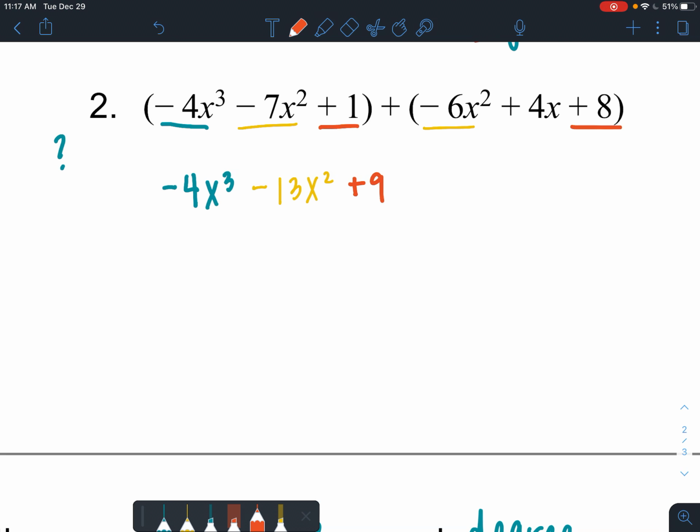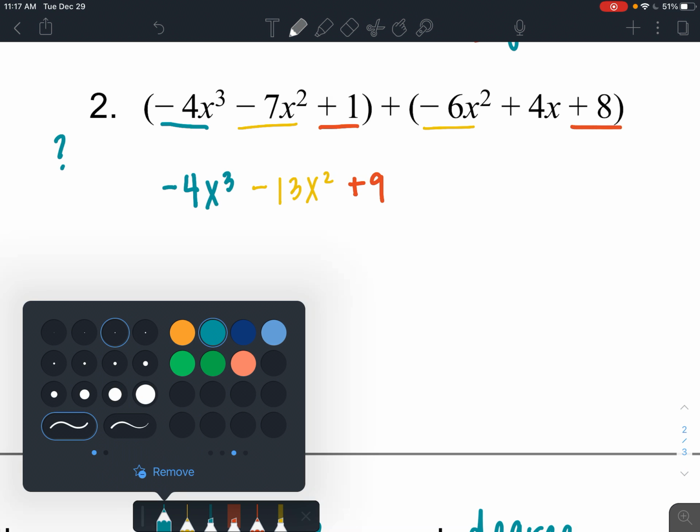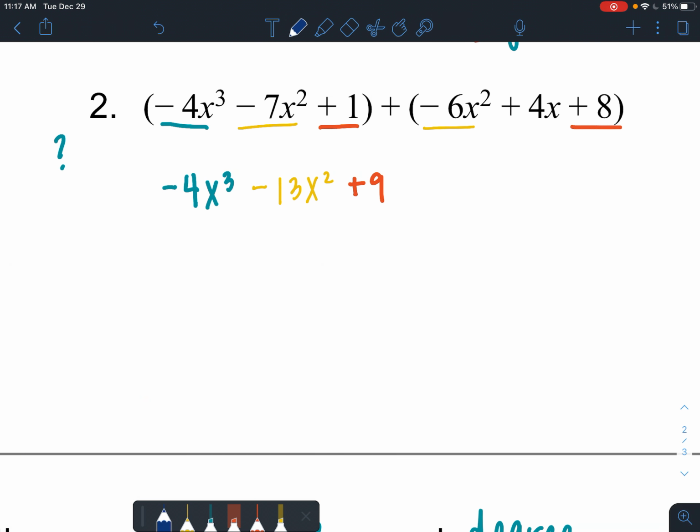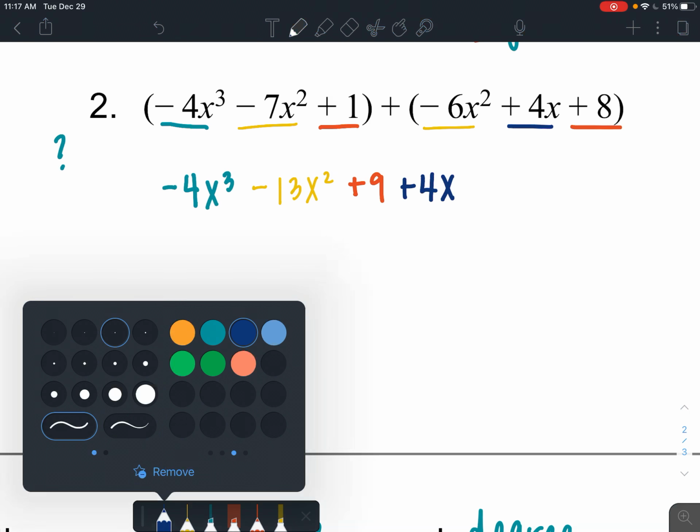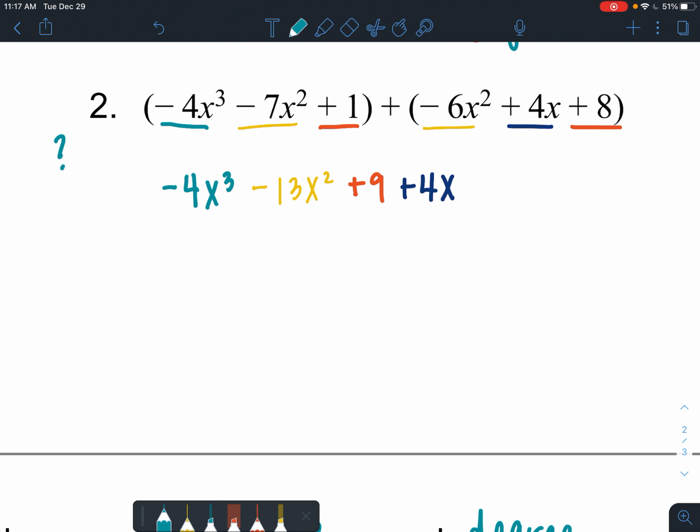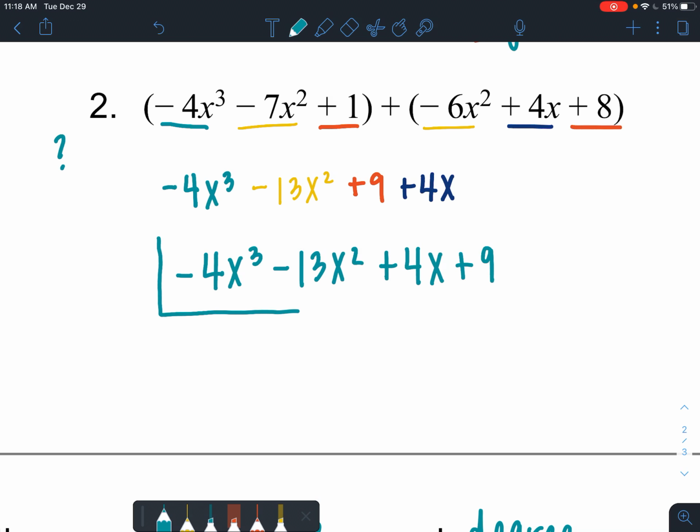And then finally, we'll have just this 4x. So then our final answer, we want to put it in standard form, is going to be negative 4x to the third minus 13x squared plus 4x plus 9. So that right there is our final answer for that one.